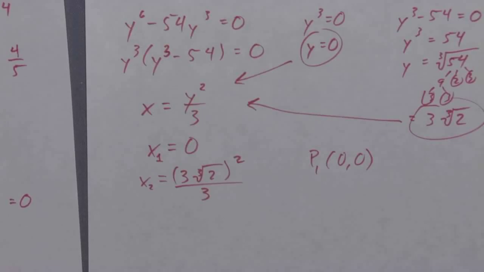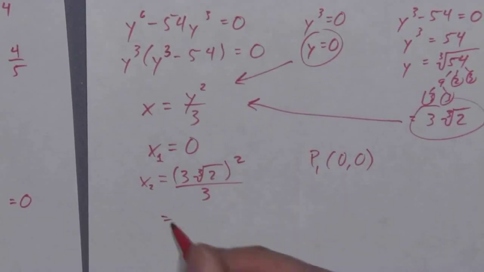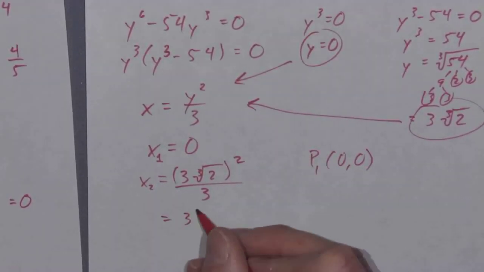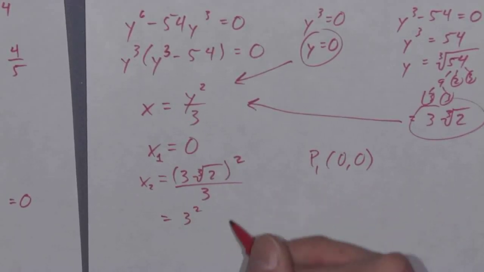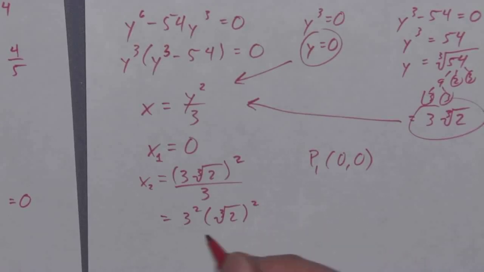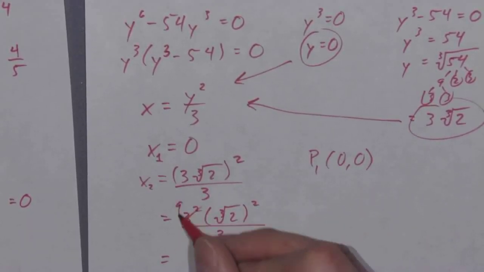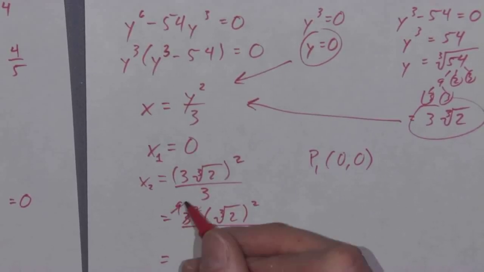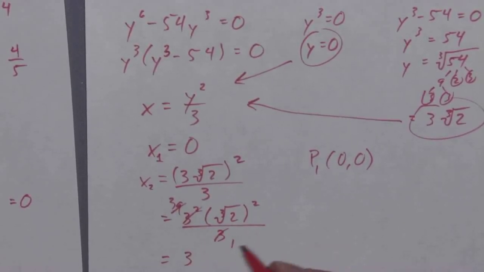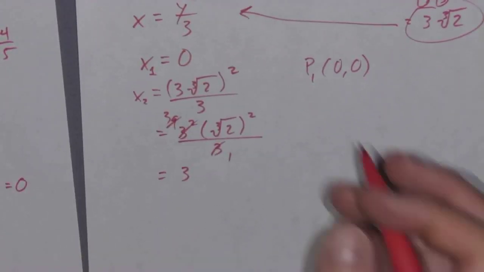Well, let's see here. Looks like we're going to do 3 squared, and then the cube root of 2 squared, over 3. So that's 9, and 9 over 3 is 3. So we got 3 times the cubed root of 2 squared.